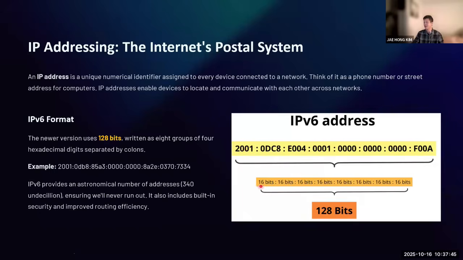It's hexadecimal instead of bytes. So this is 16 bits, 16 bits, 16 bits, and in total we have 128 bits. This is quite an extended version. So let's say this is an almost unlimited number of IP addresses. Of course it is limited, but we can consider it as unlimited IP addresses in the version 6 format.